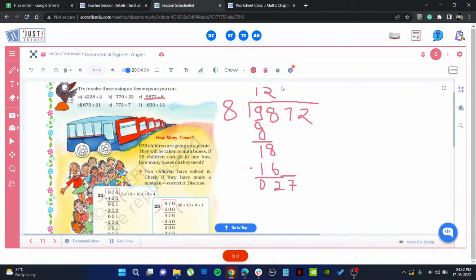It will be 3. 8 times 3 gives us 24. If we take away 4 from 7, we get 3 here and 0 right here.